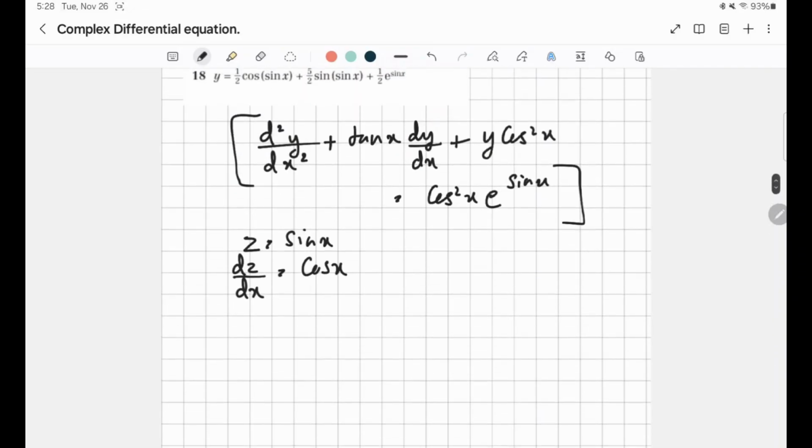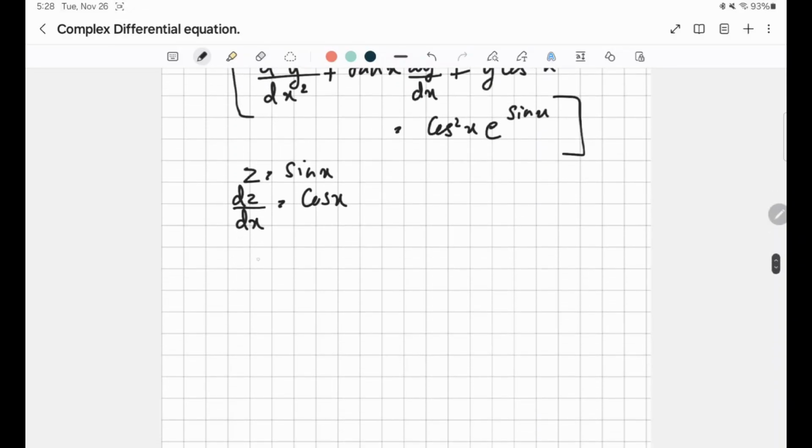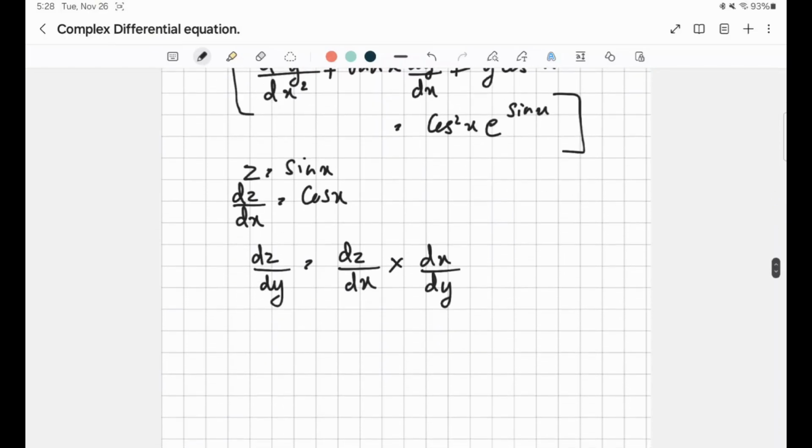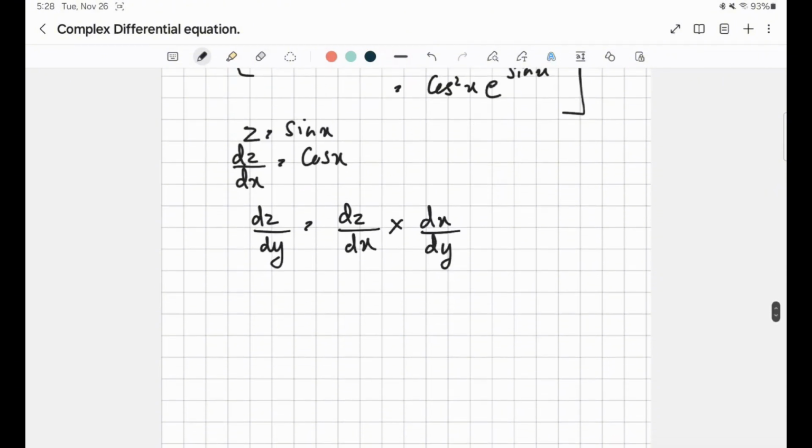And we can write dz over dy equals dz over dx times dx over dy. So we can find dz over dy equals cos x times dx over dy.